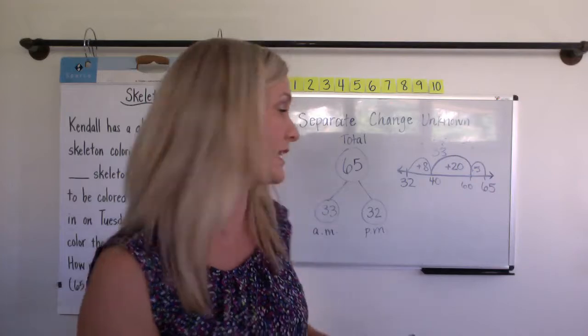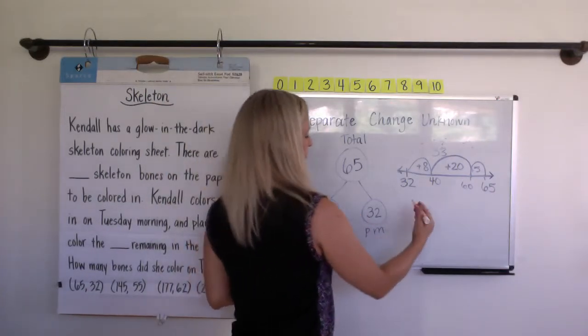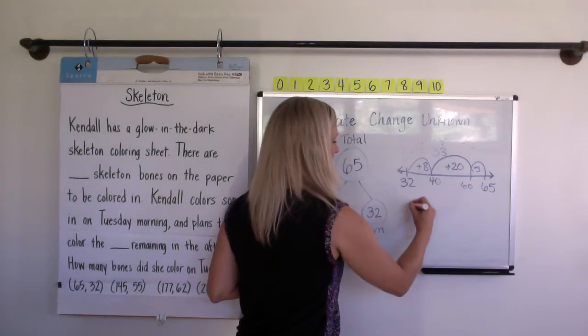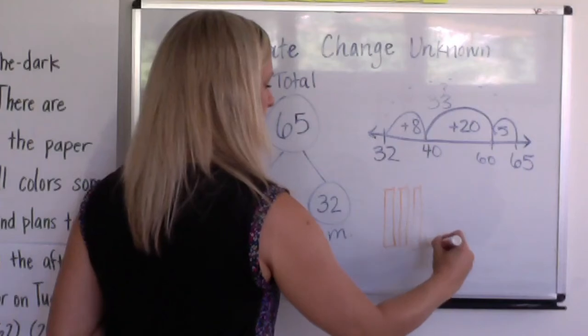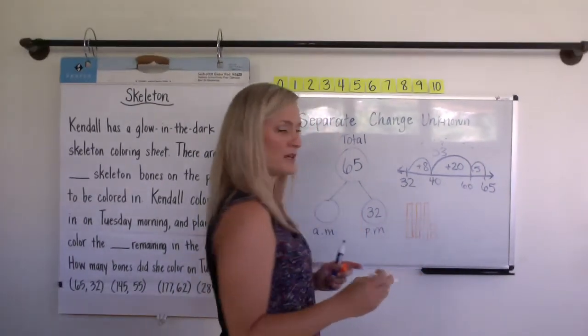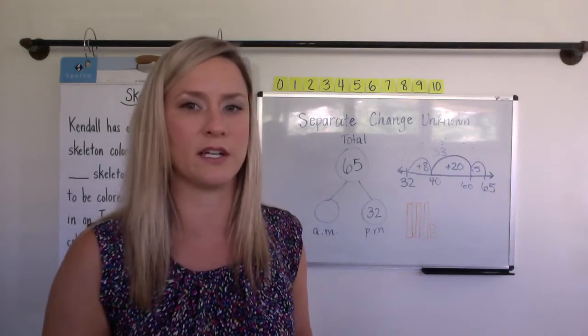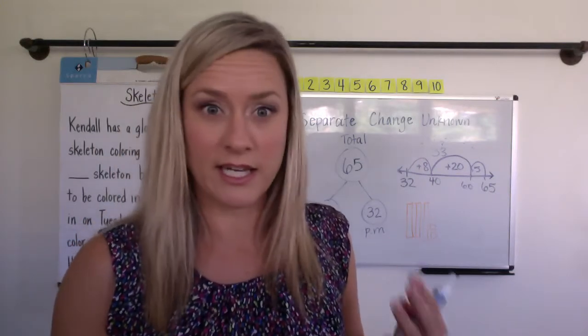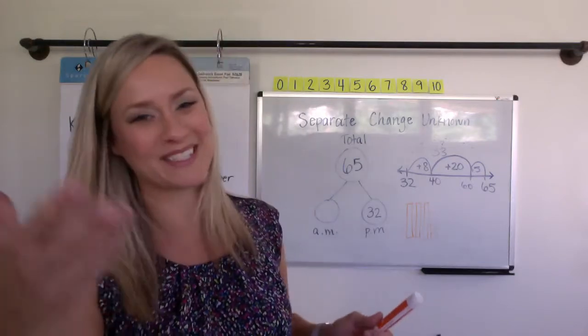So it might look something like this. So they knew that they had 32 in the afternoon. So here's the 32, 10, 20, 32. Then I'm going to switch my color to help myself keep track. So if your kids are using crayons, it can actually be very helpful to color code, not to make it pretty, but to actually color code.